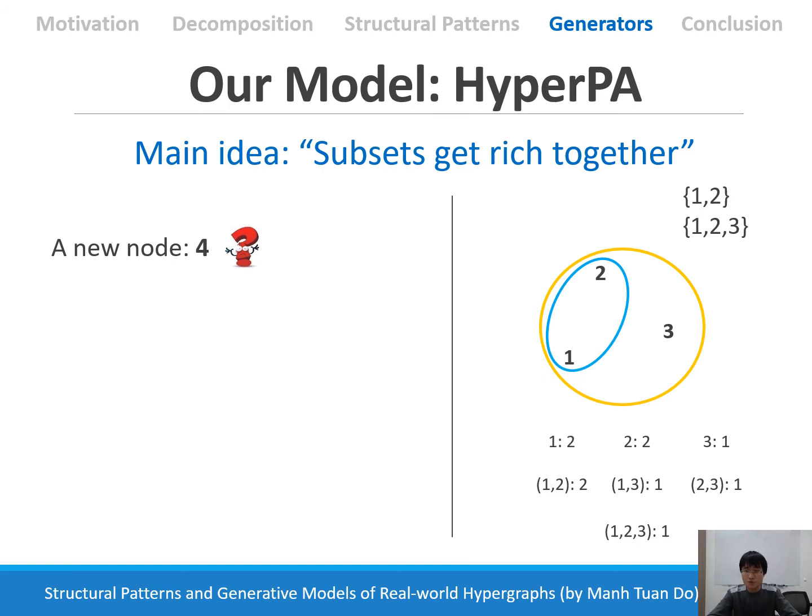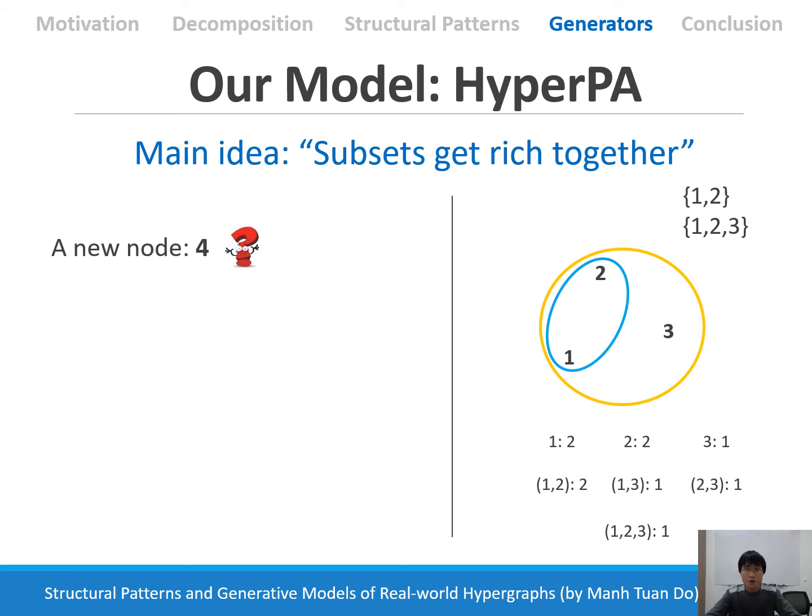For the subset {1, 2}, it has degree 2 because there are 2 hyperedges containing it. For both subset {2, 3} and subset {1, 3}, their degrees are both 1. And because there's only one hyperedge containing the subset {1, 2, 3}, its degree is computed to be 1.